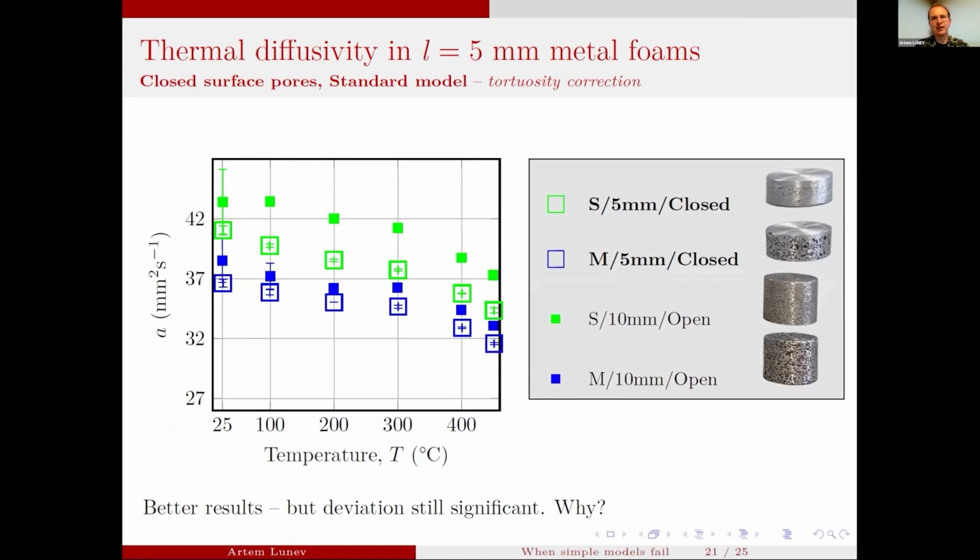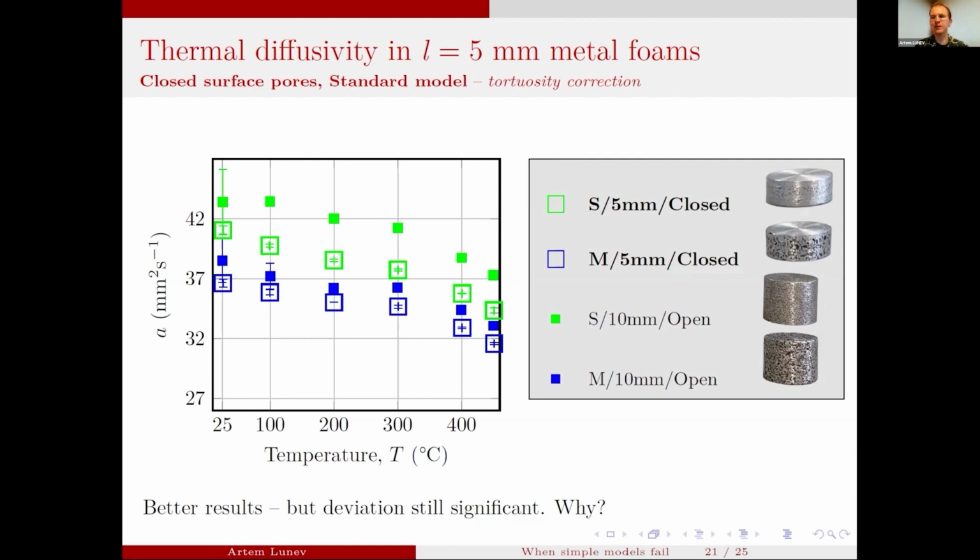Later, we also compared the results of the closed surface pores and the open pores using different tortuosity corrections. And still, even when you correct for tortuosity, there seems to be a difference between the two approaches.